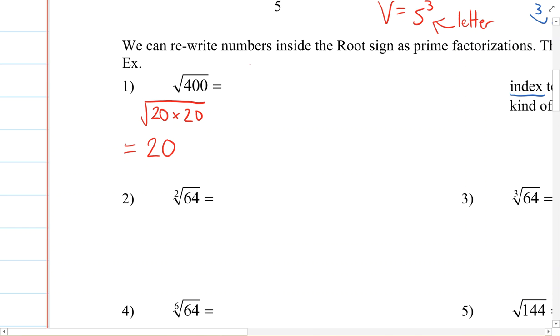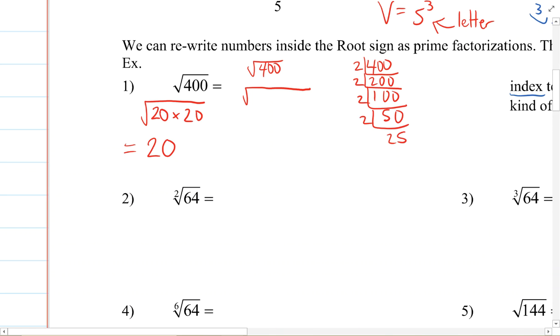So for example, square root 400, we're going to rewrite that into the prime factors. So let's use our factor ladder division. Divide by 2. We're going to divide by our prime numbers. Because these are all even numbers, it's easy to divide by 2 until we get to 25, because now it's no longer even.